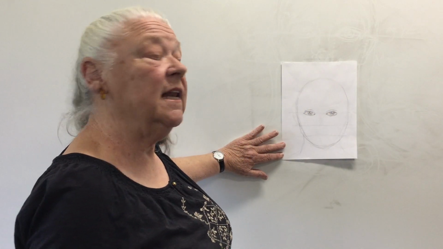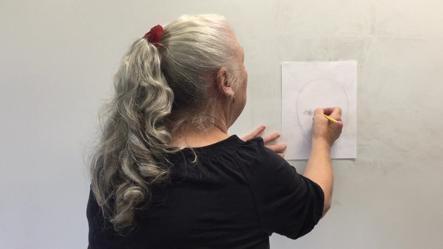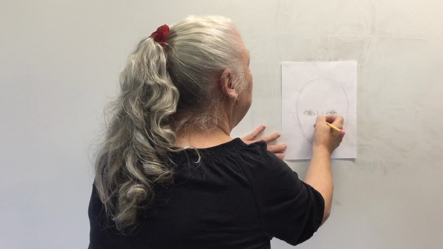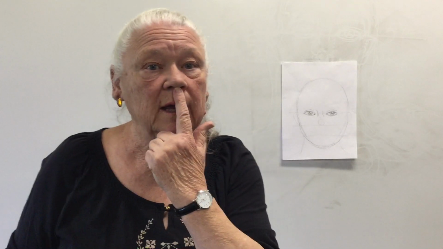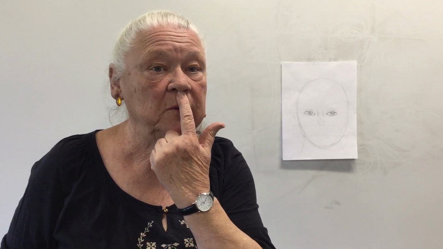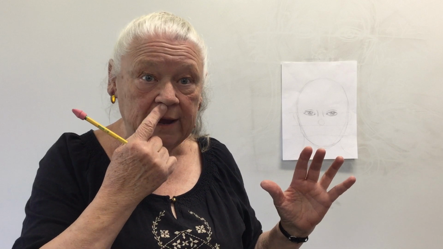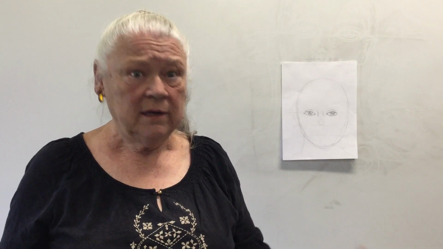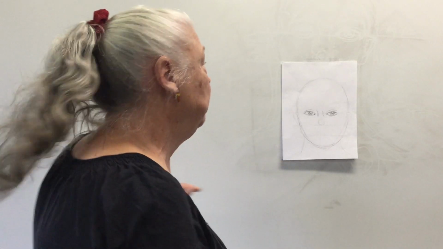Okay? Now, let's figure out the nose. There's a muscle. There's actually a bone right here. And we put that round piece right there for the end of the nose. You want to look at this part of the nose between the nostril, and when you're looking into the mirror, what shape is this? Is it pointy, or is it rounded, or is it flat? Only you can answer that as you're looking into the mirror because you're drawing your nose.